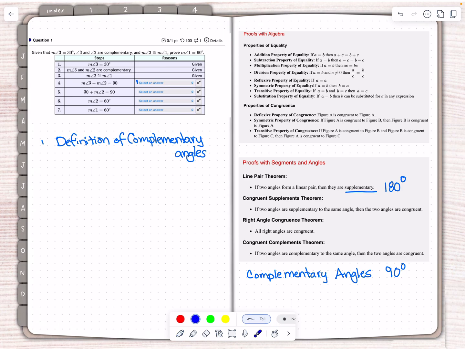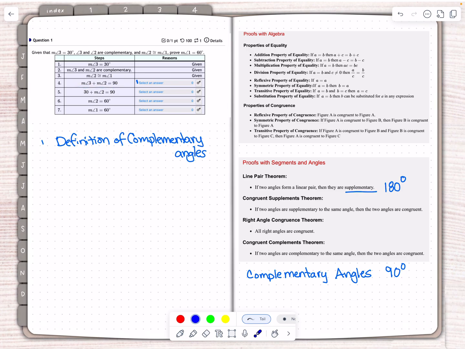So now we have the measure of angle 3 and 2 equals 90 degrees, and we have a 30. So let's backtrack. What happened between these lines? We can see that the measure of angle 3 equals 30 degrees here, and we have a 30, because in this first line we had the measure of angle 3 and 2 equals 90 degrees.